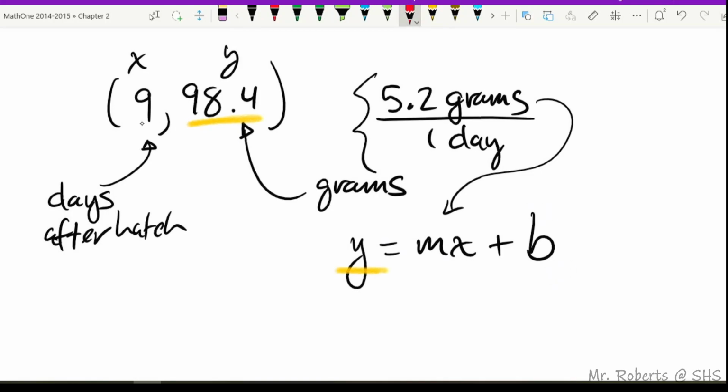I also know the x value is 9, and I can place that here. And we know the slope is 5.2 grams per day, so I can place that there.